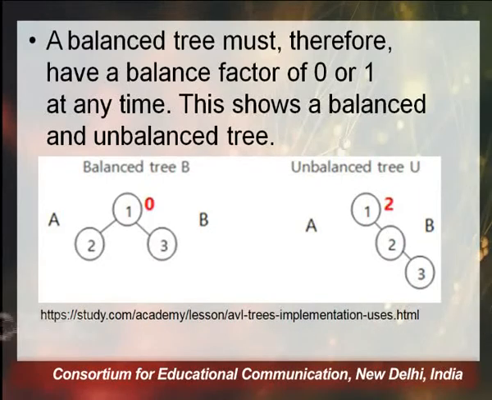So now what are we going to do when a balance factor is getting disturbed? If we can recall the process of rotation which we have performed in red black trees, we have selected one node around which the rotation is to be performed.